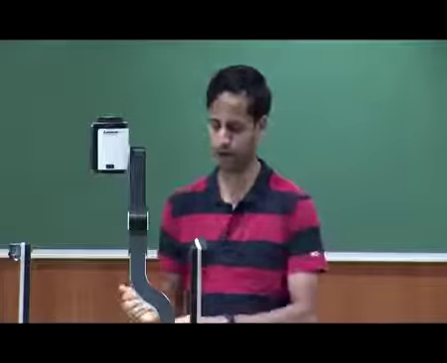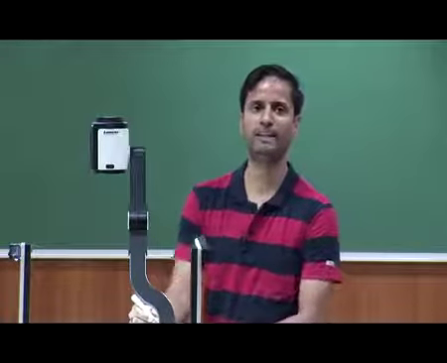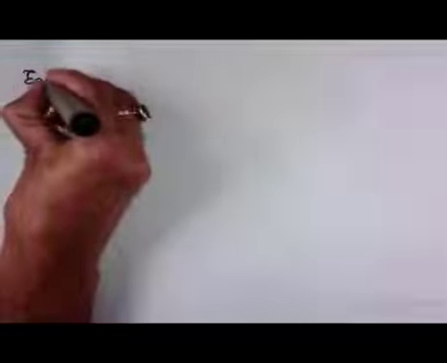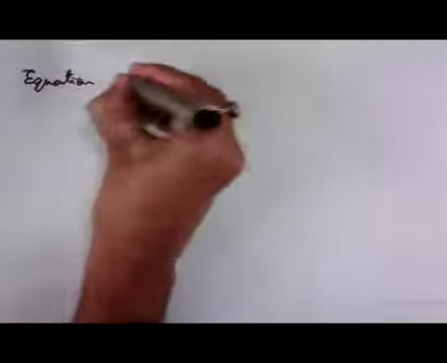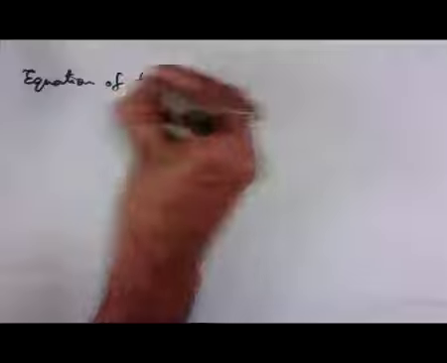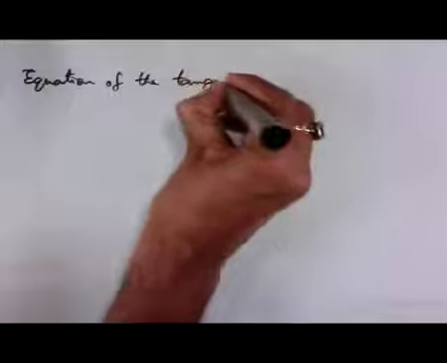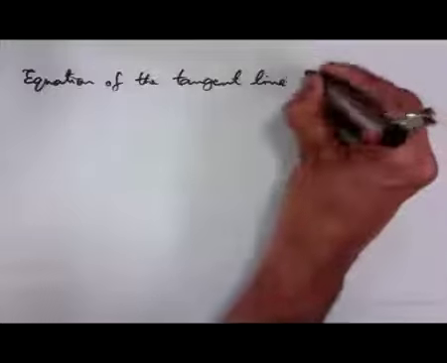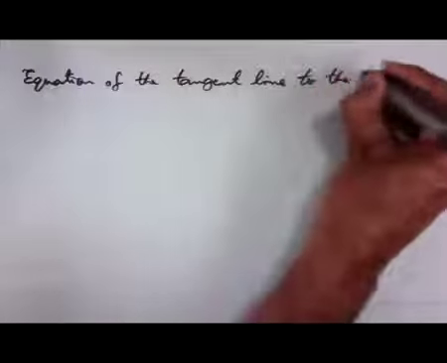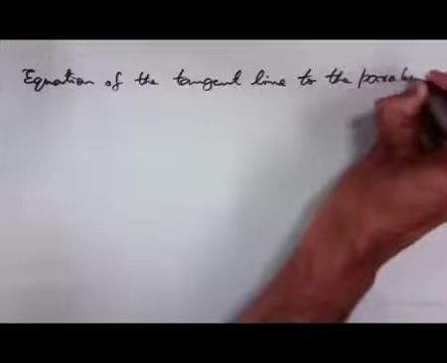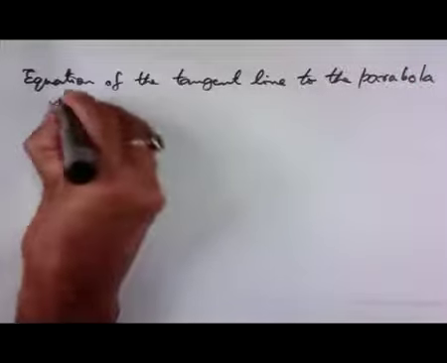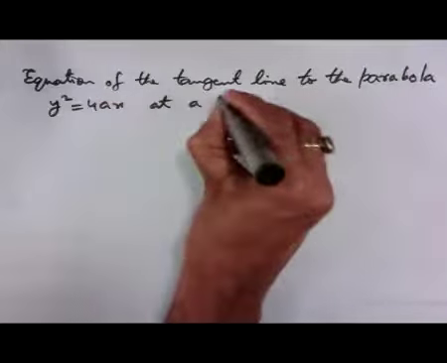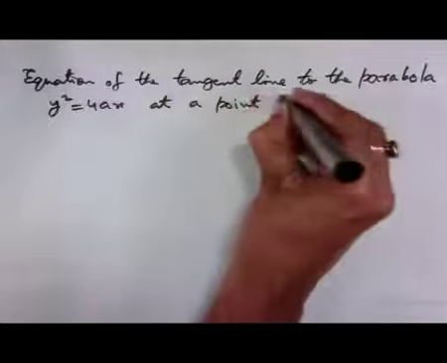Okay. Next, we will find the equation of the tangent line. So, the equation of the tangent line to the parabola y square equal to 4 a x at a point x 1 y 1.